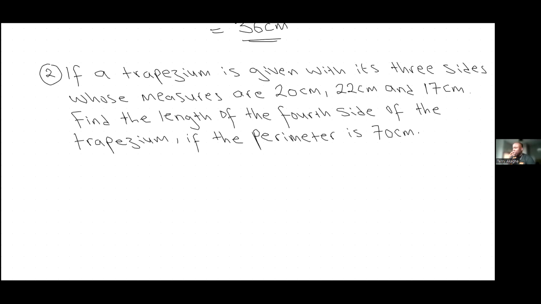So we're given three sides of a trapezium. We're looking for the length of the fourth side, given that the perimeter is equal to what?